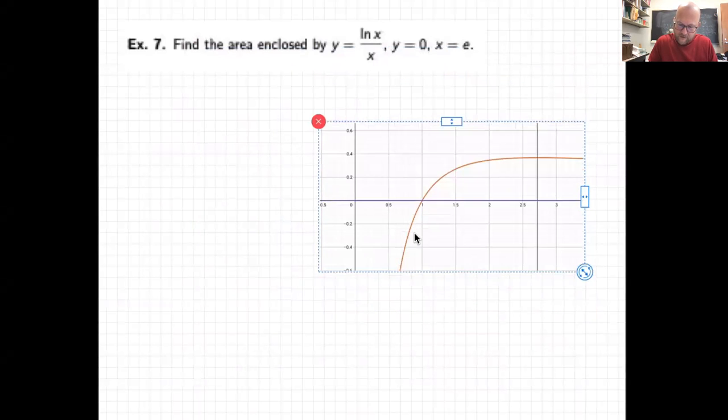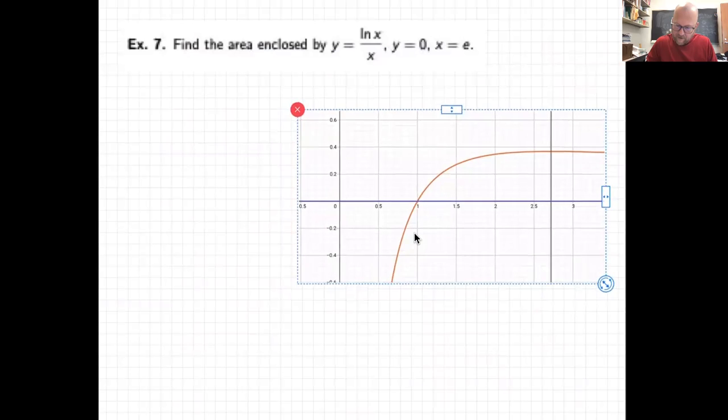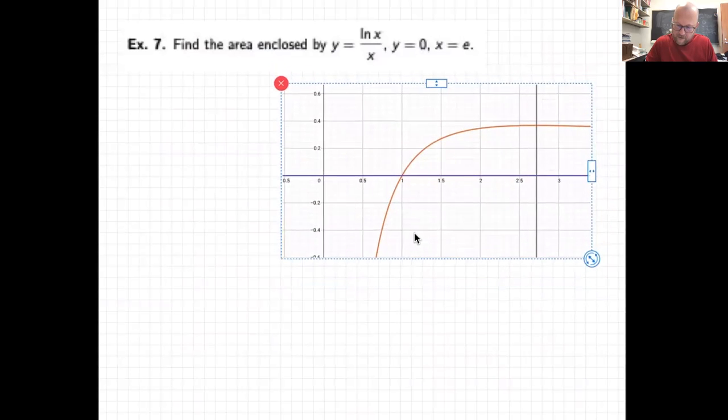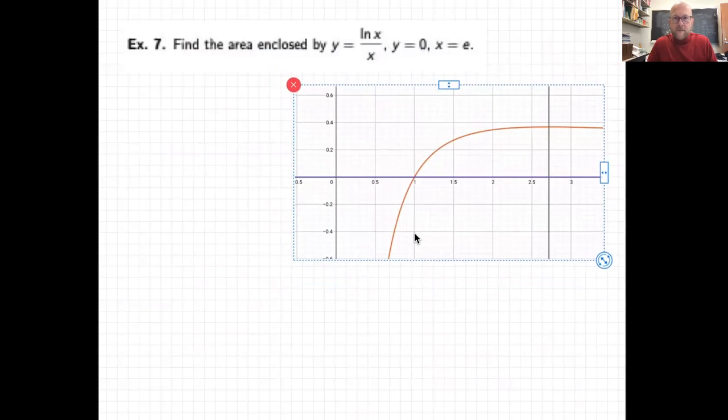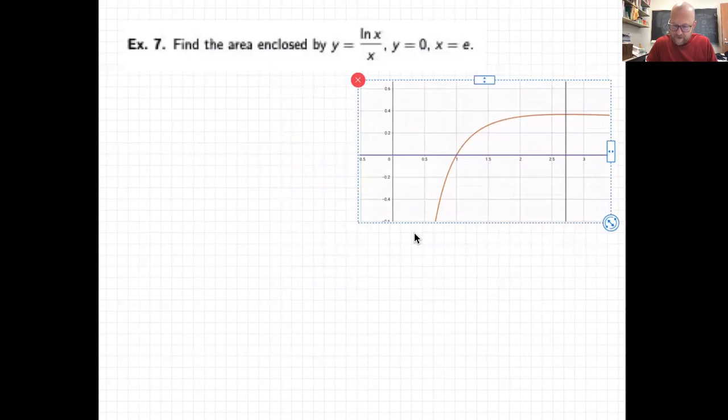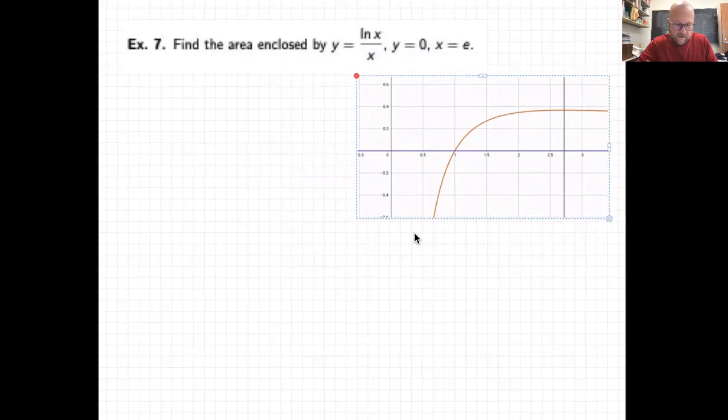So tell it I'm done and make it a little bit larger. That may turn out to be a bad move, but yeah. All right, so then I'm going to go ahead and shade in the region so that it's a little bit more clear what it is that we're doing here.